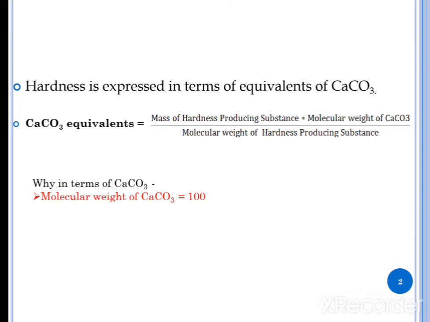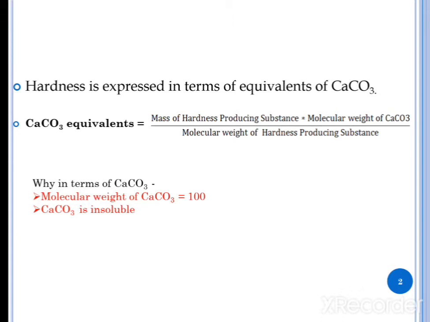And the second point is that calcium carbonate is insoluble, which means it forms a white scum and settles down at the bottom of the vessel. So it is easy to calculate hardness in terms of equivalents of calcium carbonate.